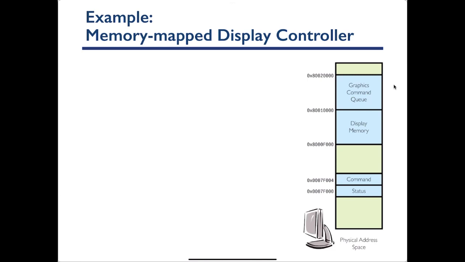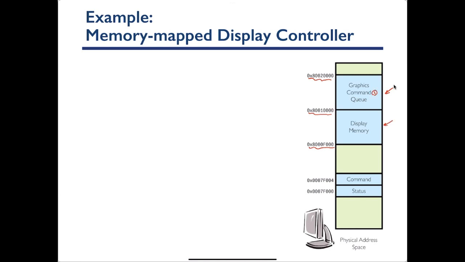Now let's look at an example of memory mapped devices. In particular, let's look at a typical display. So let's assume that this display has a command buffer that is mapped to this range of addresses, and it has its own data buffer that is mapped here. So this is kind of like a data buffer.